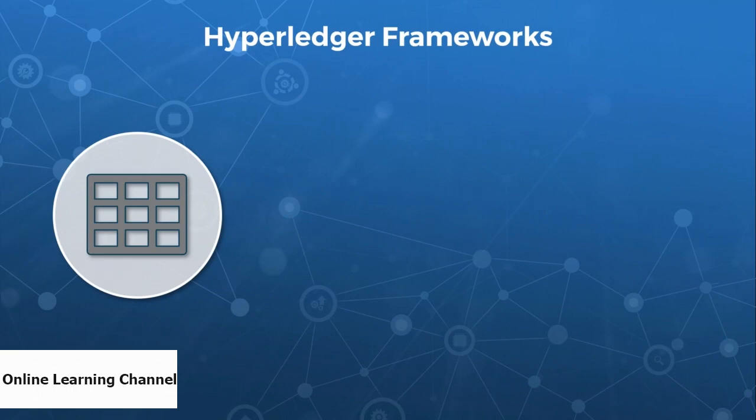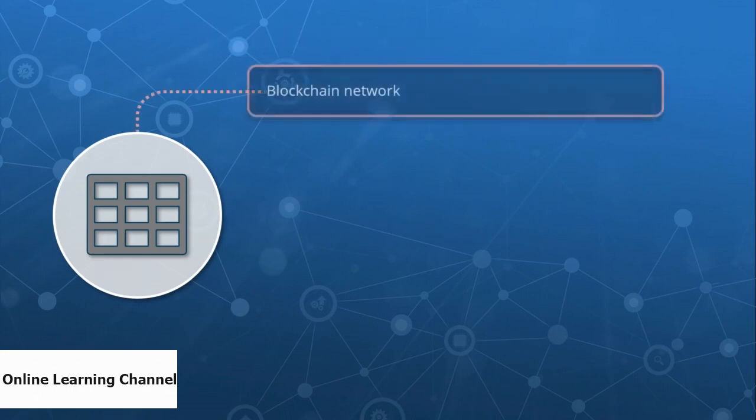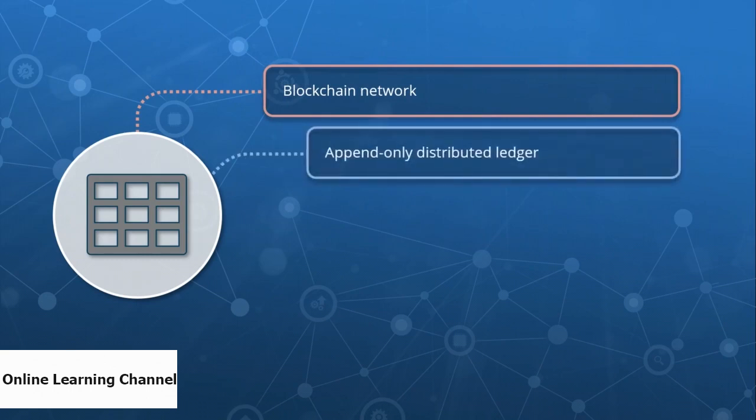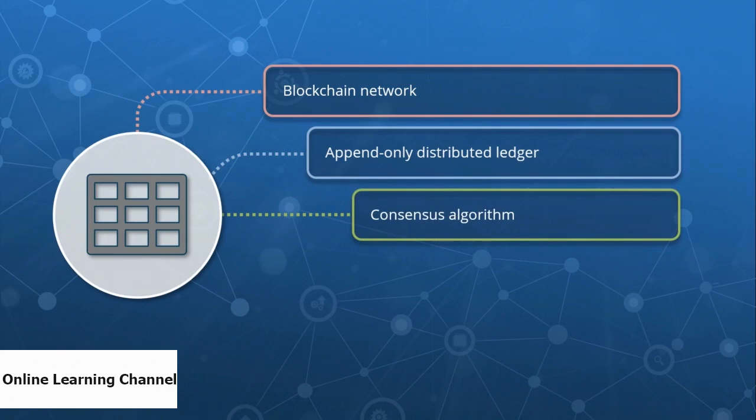So these Hyperledger frameworks are in essence blockchain networks, which means that each of them has an append-only distributed ledger. So you cannot modify the content which is already on the ledger. The only modification you can make is to add new records to it. All of the Hyperledger frameworks come with their own consensus algorithms. And depending on the framework, you don't necessarily need to stick with what is provided, and you can in fact plug in your own consensus mechanism.